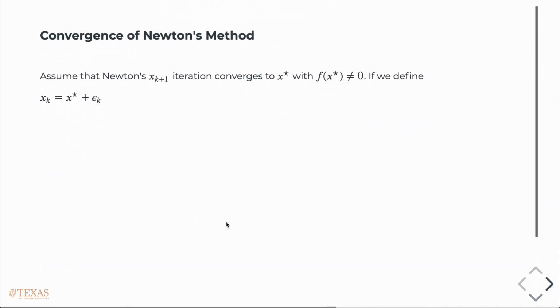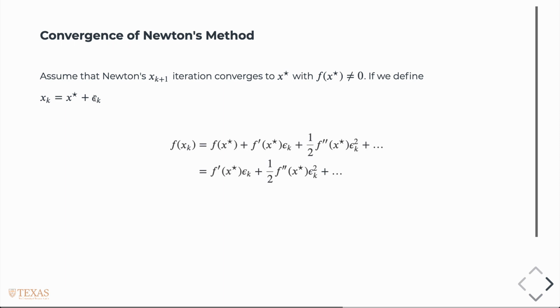Convergence rate of Newton's method: we can look at it if we assume that we have an iteration k that's converging to a root x star with some small error epsilon k. Then we can Taylor expand this about the point x star, and we get this. If x star is a root, we know that the function of x star is 0, so that simplifies to this.